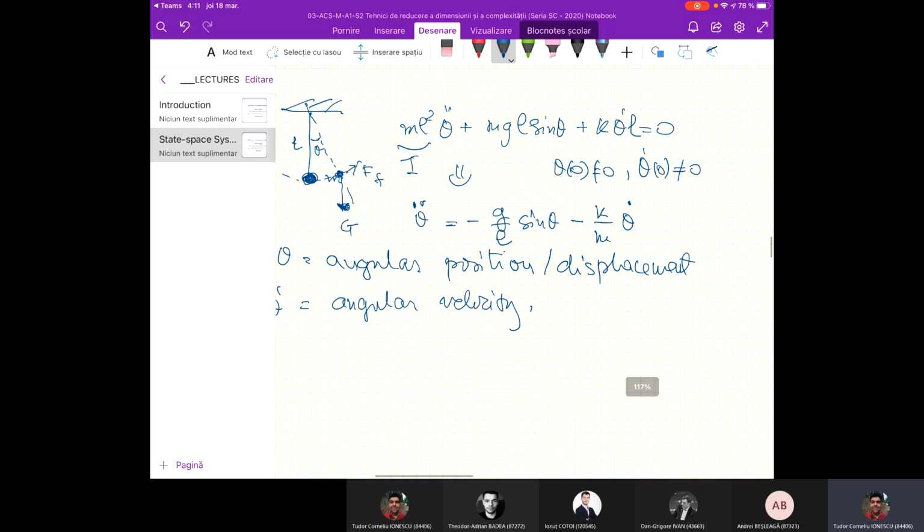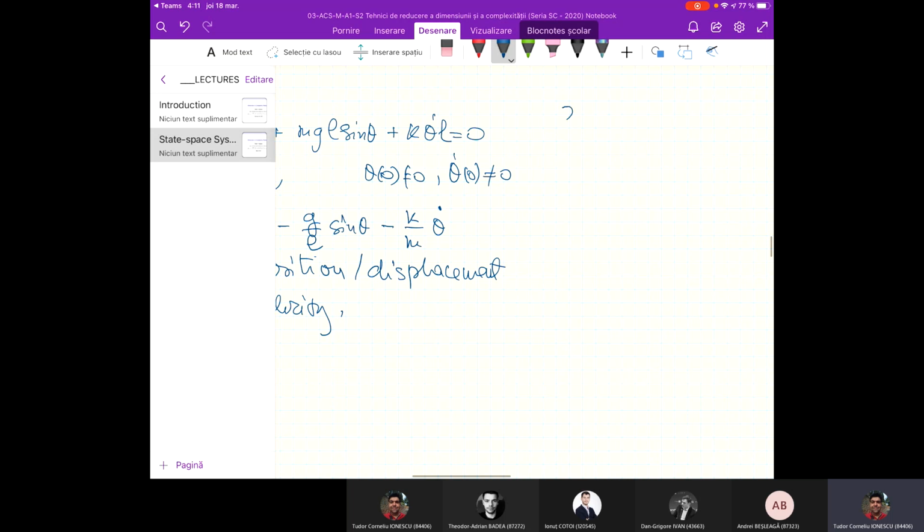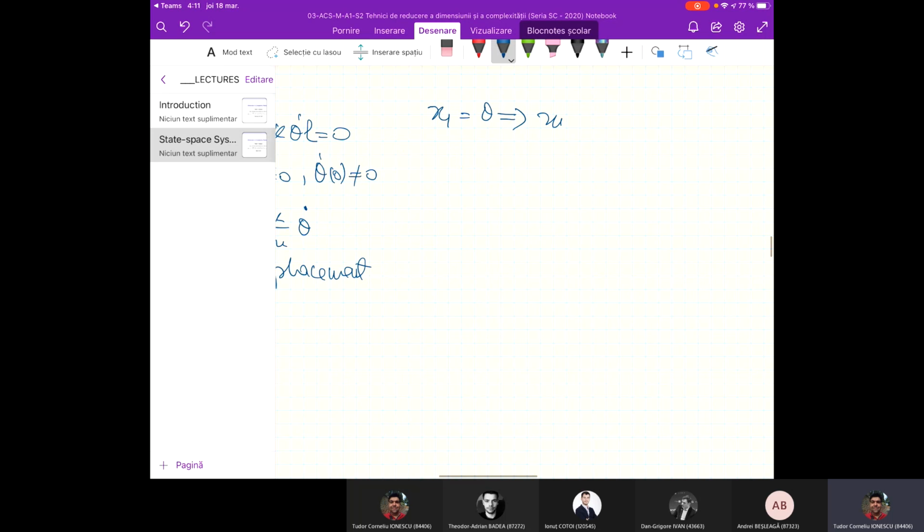So now we are trying to model this system as a system of first order differential equations, because we do not deal with second or higher order differential equations unless we know how to turn them into first order equations. This is very simple. We have done that before. You just call the state variables x1 is theta, and the second state variable x2 is x1 dot, which is theta dot.